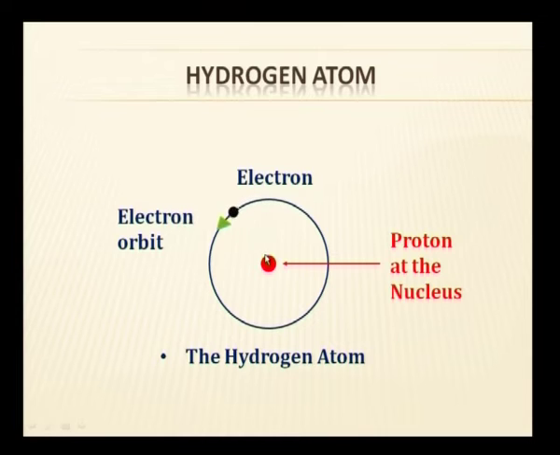This particular problem, the hydrogen atom problem, is a very simple problem in the sense that it is a two body problem. You know, the proton here and the electron here, only two particles. If you go to some of the other atoms, there will be many electrons, which is called a many body problem, but here we have a two body problem.